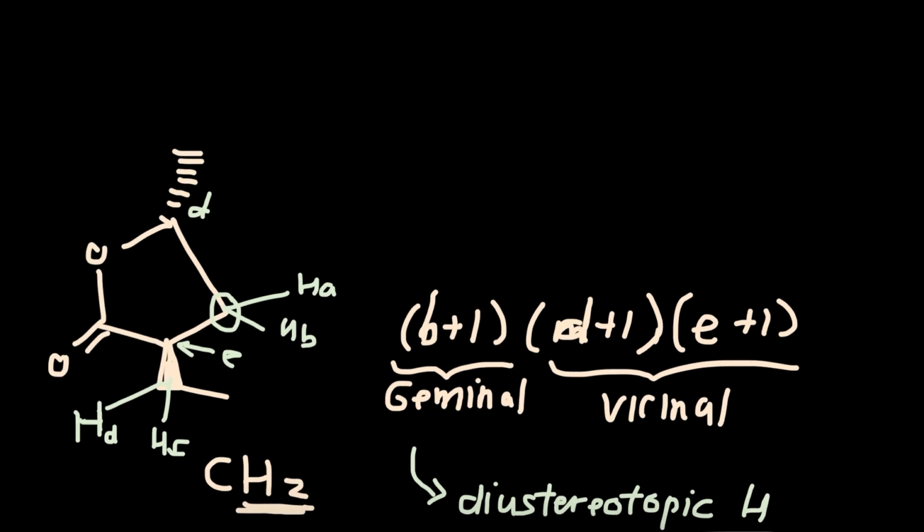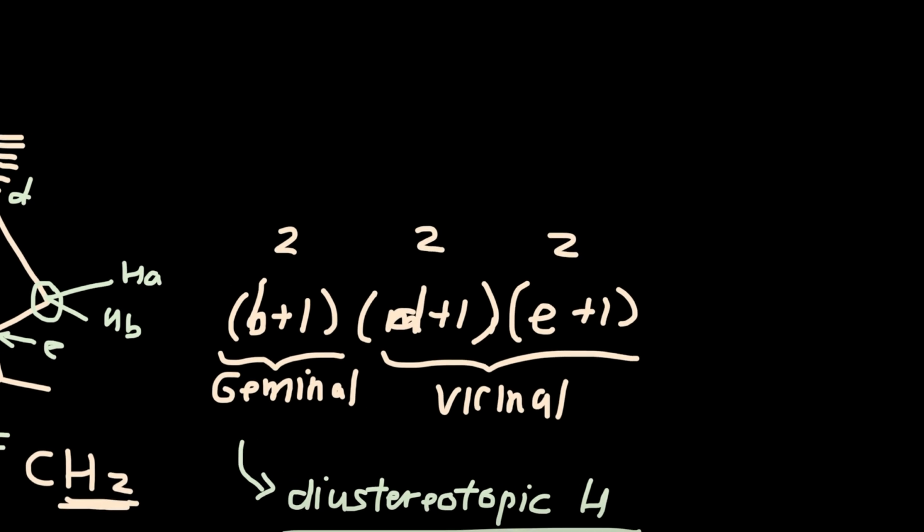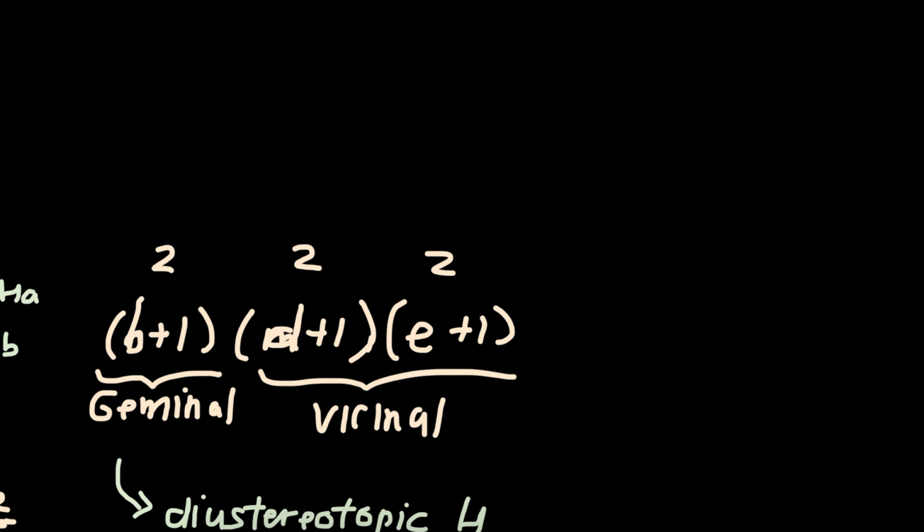Then geminal, this will give us 2, vicinal, 2, 2. So another way to say this is hydrogen A will be the doublet of doublet of doublet.